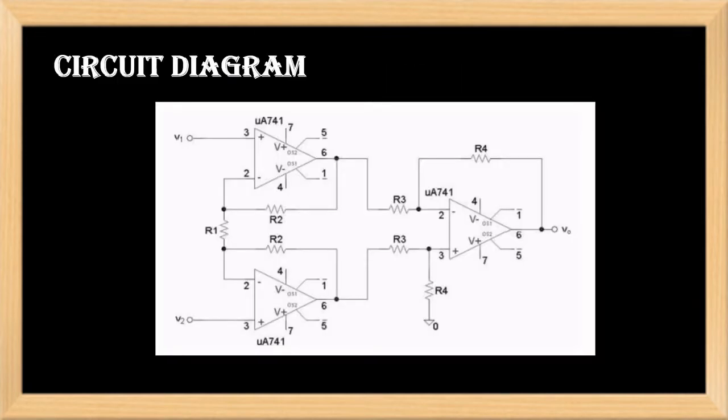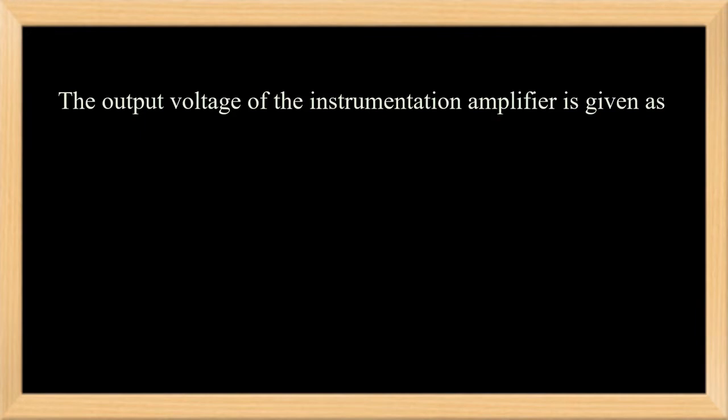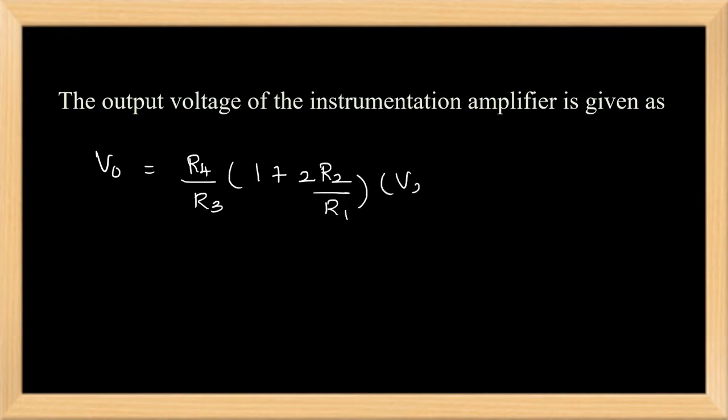This is the circuit diagram of the 3 op-amp instrumentation amplifier. The derivation of the output voltage of the instrumentation amplifier is done in one of our previous videos. The output voltage of the given instrumentation amplifier is V0 equal to R4 divided by R3 into 1 plus 2 R2 divided by R1 into V2 minus V1.